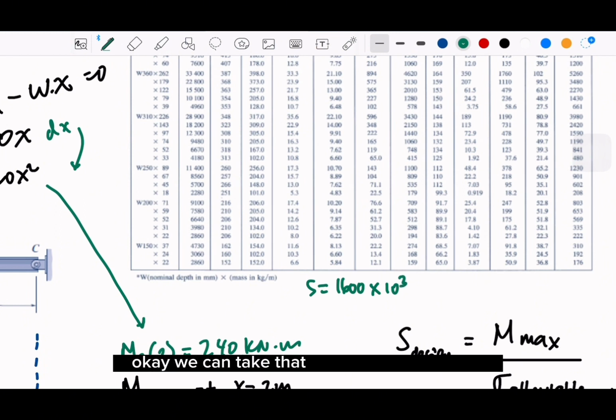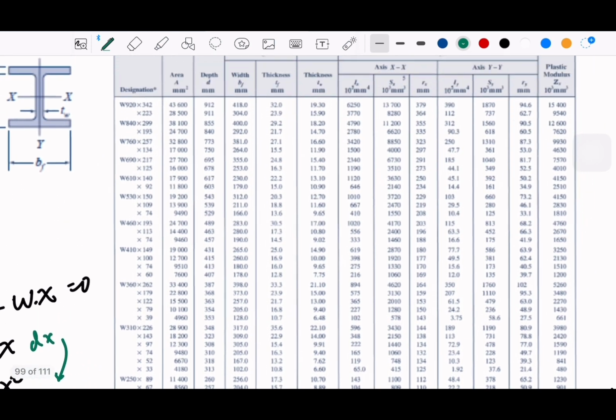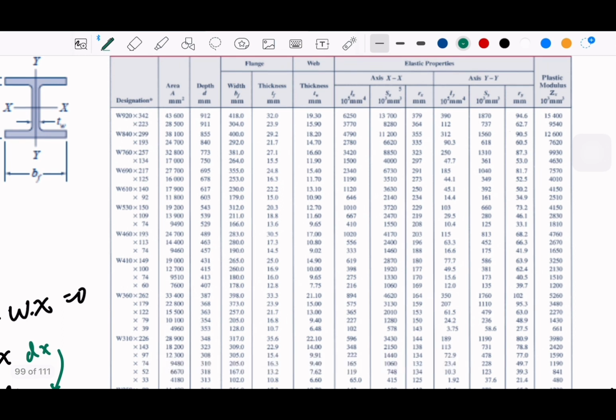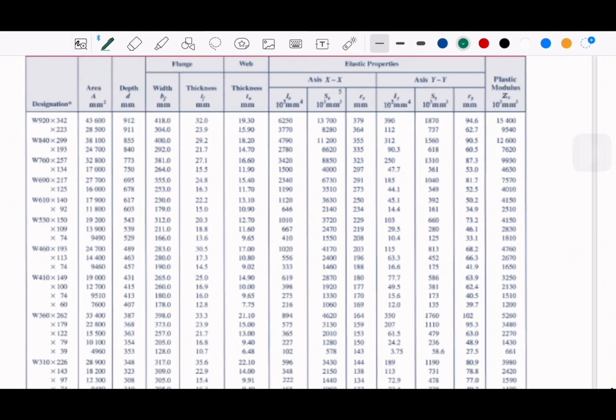We can take that and look at the table. What we are going to find is the S, the lightest. So for XX or YY, we have those S values, right?